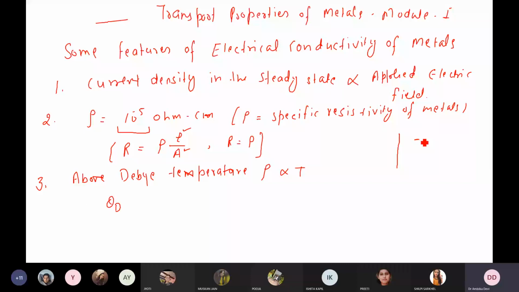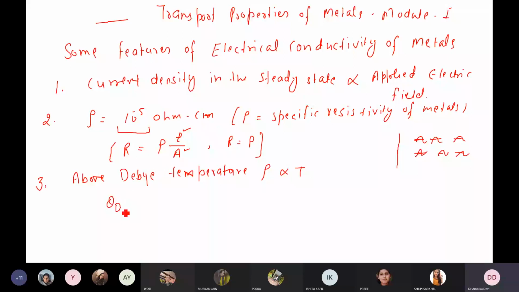So if there are n number of free electrons in the system, there are n number of simple harmonic oscillators. If all these electrons are vibrating in phase with each other, with a single frequency, then we can say that the system is vibrating in a single mode. This is single normal mode.